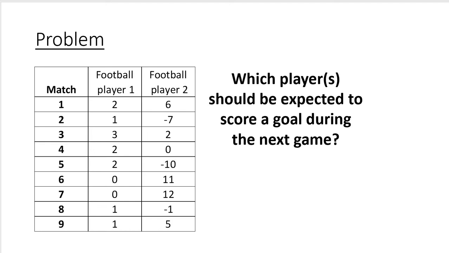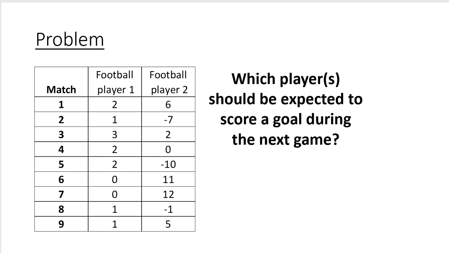Because even though the second player has the higher average score, 2 against 1.33, it's less predictable. So you can have some positive value, you can have negative value. By the way, if you wonder whether it's possible, technically yes, in case of an own goal.